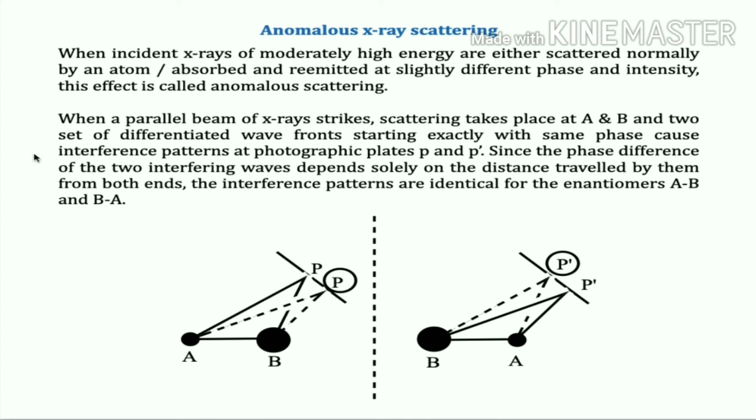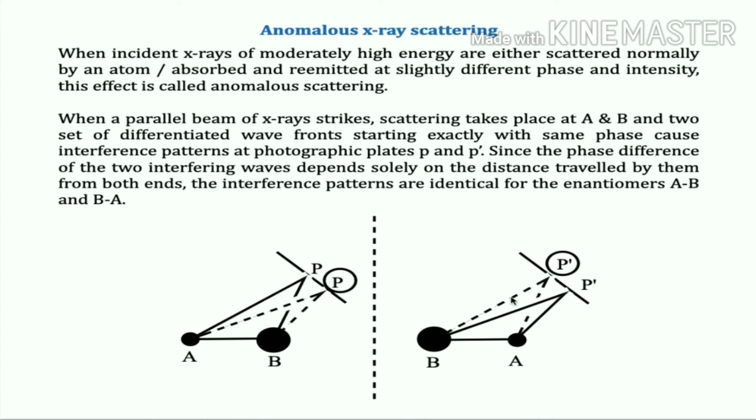Since the phase difference of the two interfering waves depends solely on the distance traveled by them from both ends, the interference patterns are identical for enantiomers. If the molecules are enantiomers of each other, then the interference patterns they form are identical, depending solely on the distance traveled by them.